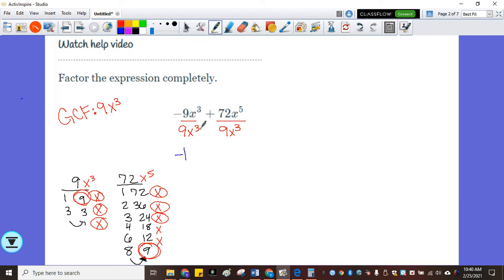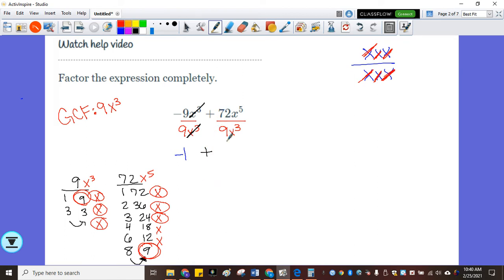So x cubed divided by x cubed, you have 3 x's on top, and you have 3 x's on bottom. 1 on top cancels with 1 on bottom, three times. So none are left, your x's are just going to all cancel out. Remember, when you divide, you subtract. 3 minus 3 is 0. So that's why it goes away.